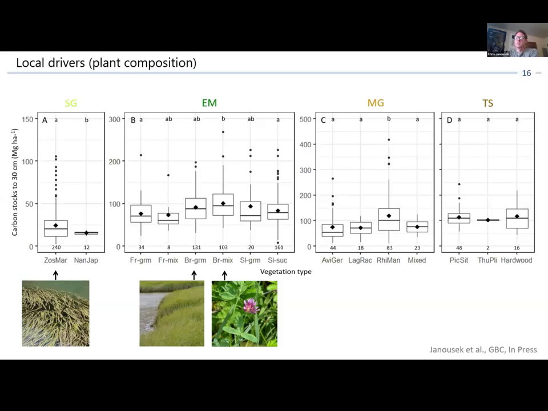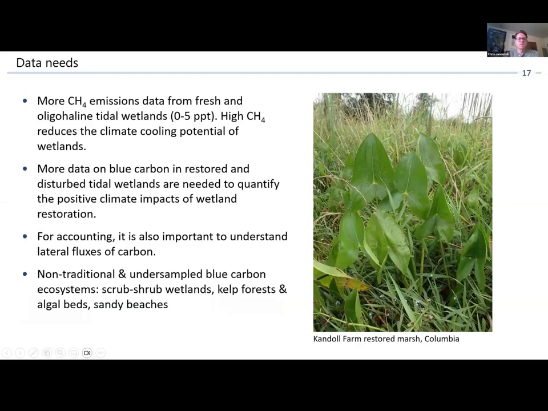We compared that to two other types, with really low sample size in the middle there, but we had okay sample size for hardwood forests. These would be alders and other species, but we really didn't find any major difference there. But sample sizes are low, and I think there's a need for more data on the tidal swamps.